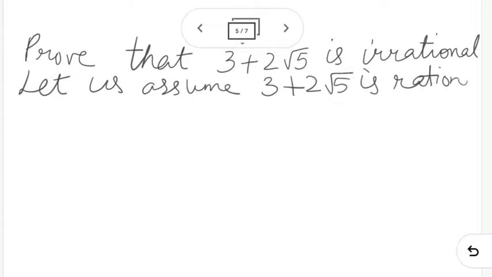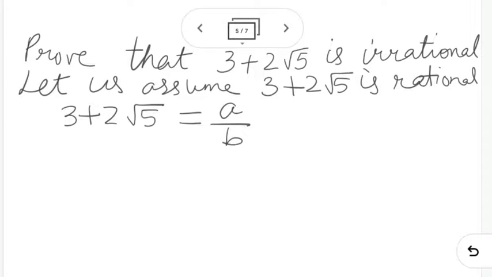So whatever we want to prove irrational, in the beginning we will assume them rational. Now if it is rational, it can be written in P by Q form or A by B, anything you can take. So I have taken A upon B because in most of the books they have used these symbols, these alphabets.